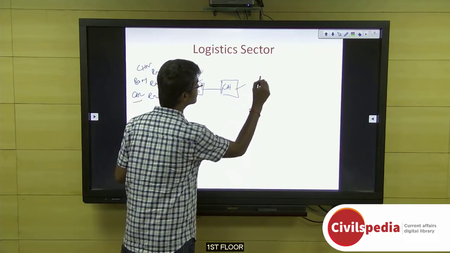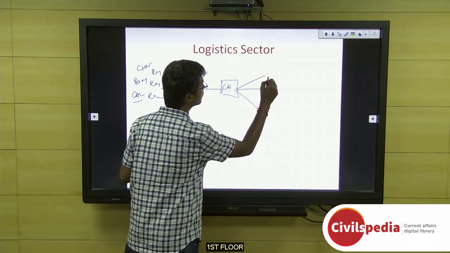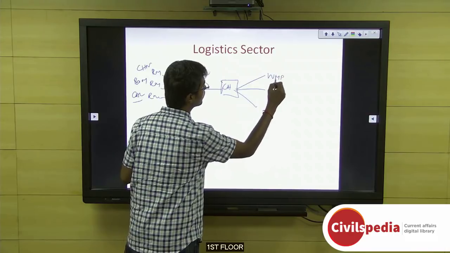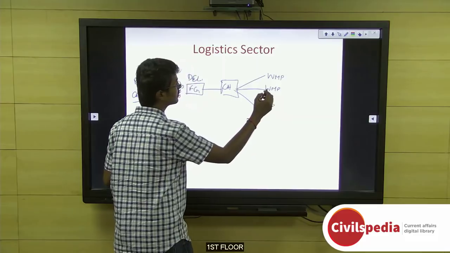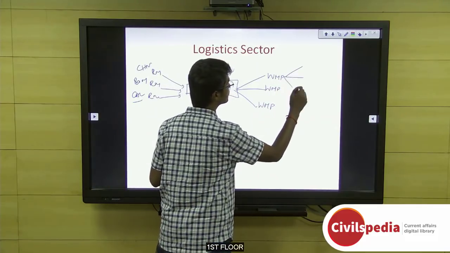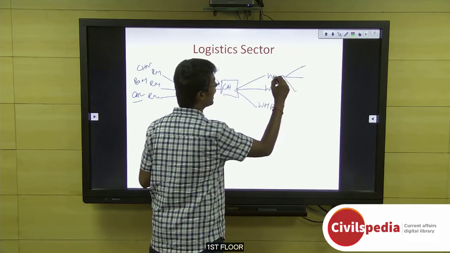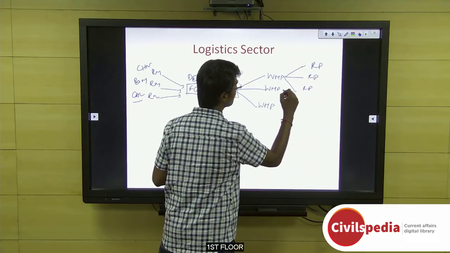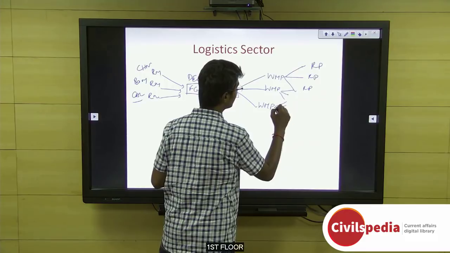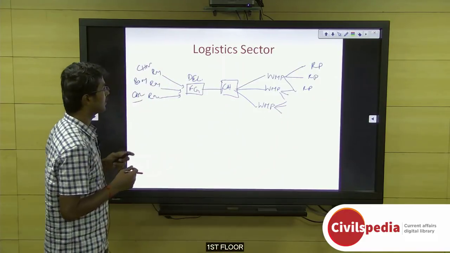And from here, it has to go to the marketing points, which can be the wholesale marketing points at different areas of that particular zone, say south, north, east or west, and from here it has to go to the retail points. So the supply chain is pretty much the same as I explained in my previous class of Operation Greens.